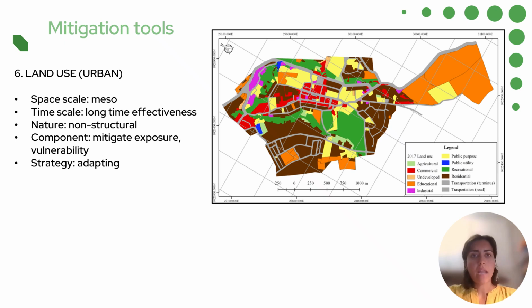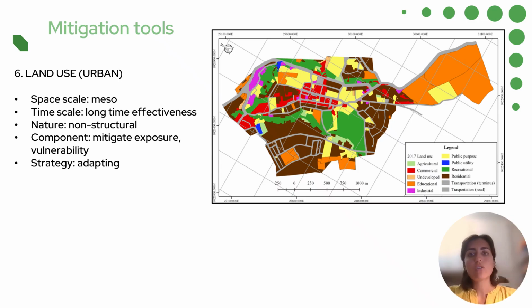Urban land use planning is another fundamental tool for risk mitigation. Deciding where to build and under what regulations directly affects exposure and vulnerability. For example, prohibiting construction in flood-prone areas or assigning safer land uses significantly reduces potential damages.